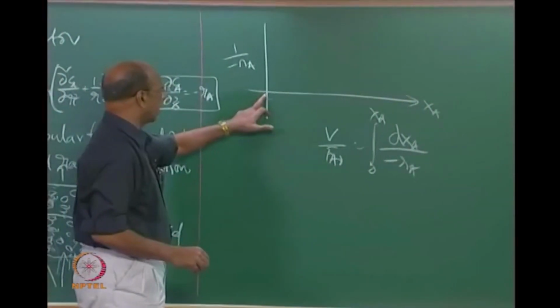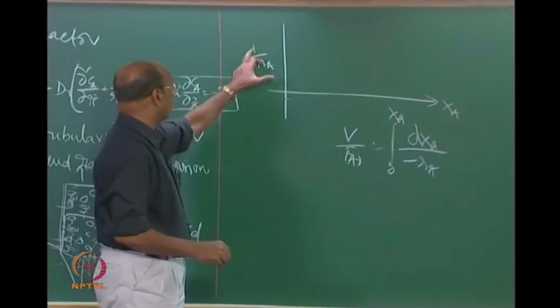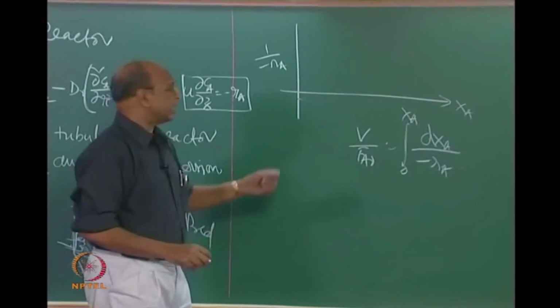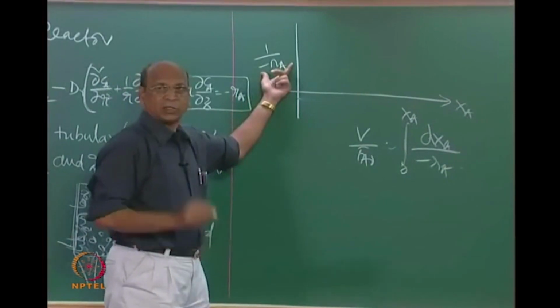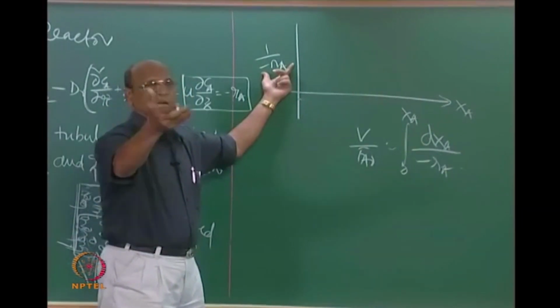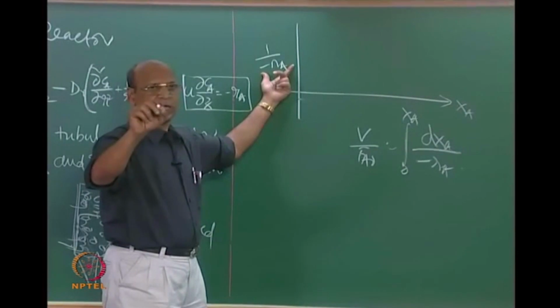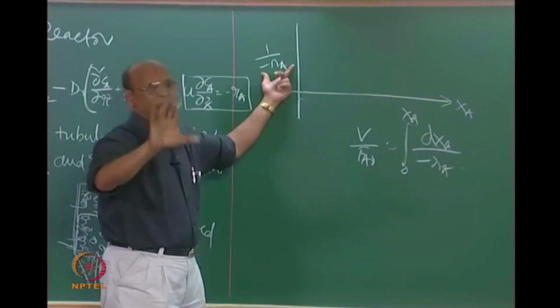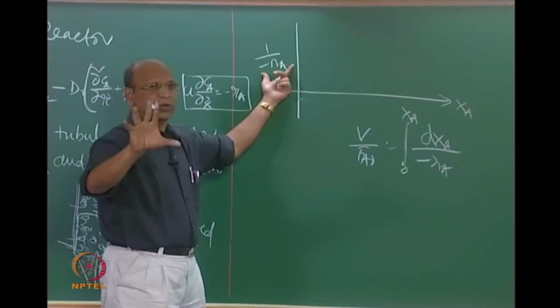Initial conversion is 0. First I have to draw 1 by minus RA versus XA. Initially, minus RA is K into CA naught if I take first order, or K into CA naught square if it is a second order reaction, so I will have some value, it is not 0.